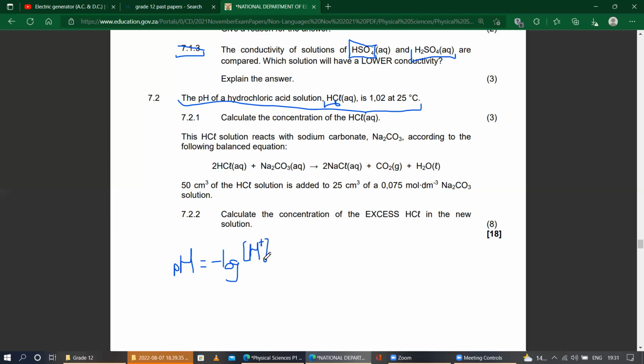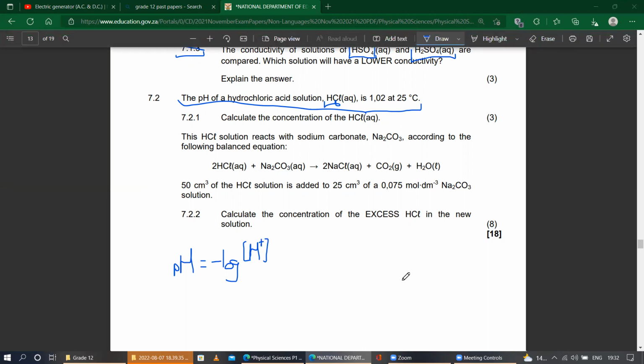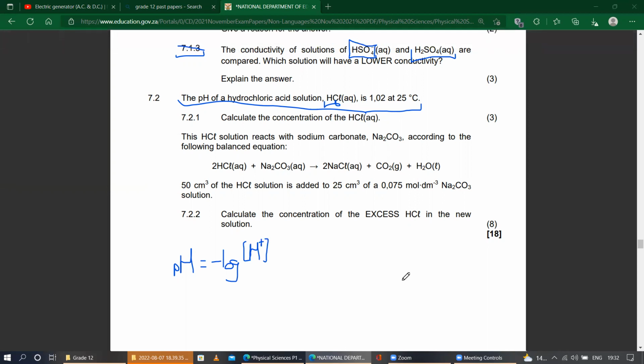That's very good, because yes, it's going to ionize to H plus and Cl minus. And then you just need the concentration of this, which is given here. So you just use the pH formula in order to determine this concentration, and this concentration is going to be the concentration for HCl.